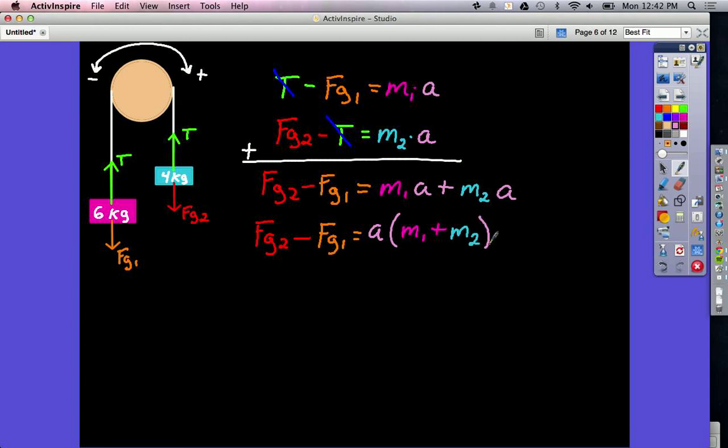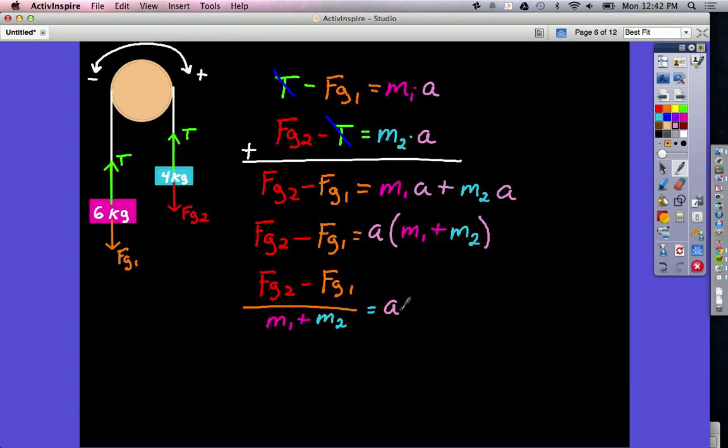I can now divide the m's over to my left side, and algebraically I am done. I will have force of gravity 2 minus force of gravity 1 divided by m1 plus m2. And that will give me the acceleration.